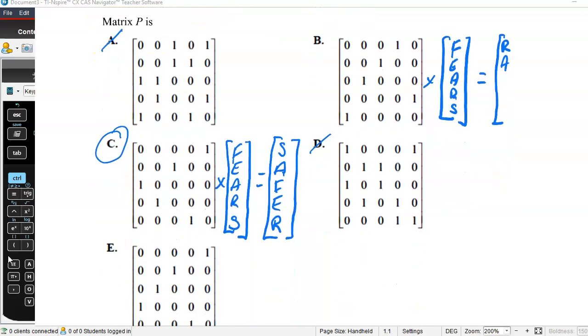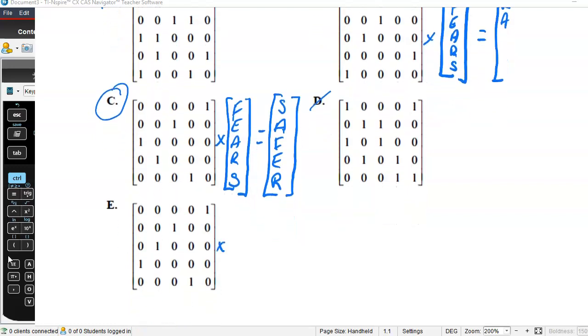Okay, so E, you can see, yeah, that first one would get the S, then it would get the A, then you would get the E. So that can't be it.